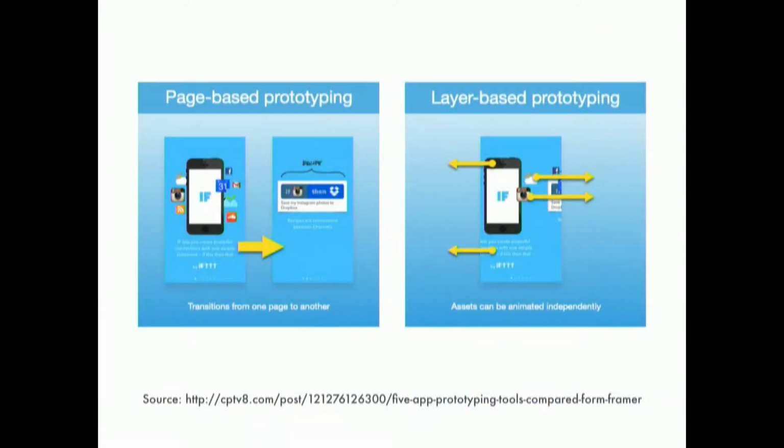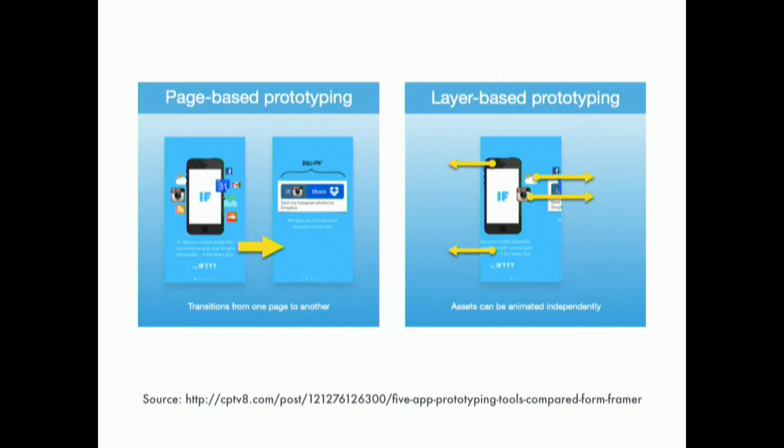So when I discovered Framer, the company I was working for was very much in this page-based prototyping, which is what a lot of InVision is. You essentially create pages and you hotspot the crap out of those pages. And then you make some changes and then you redo the hotspotting.